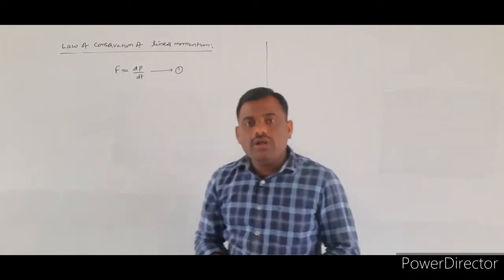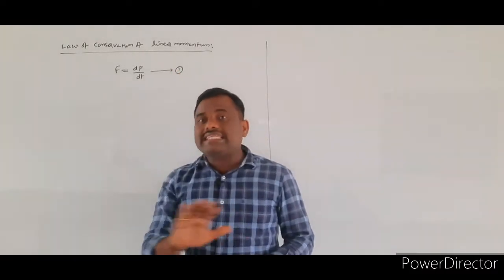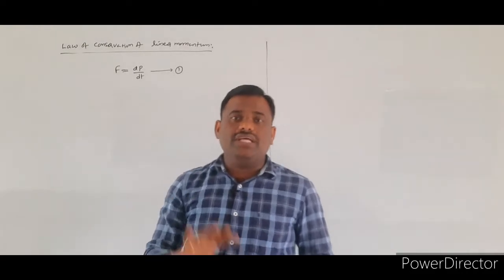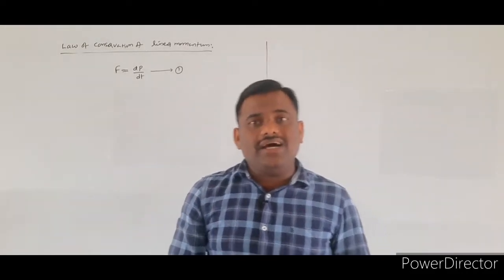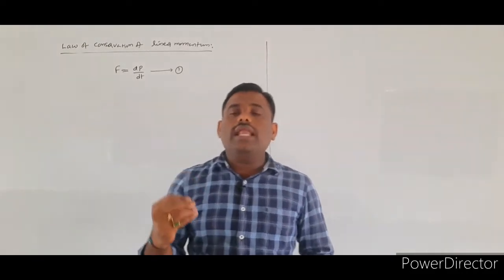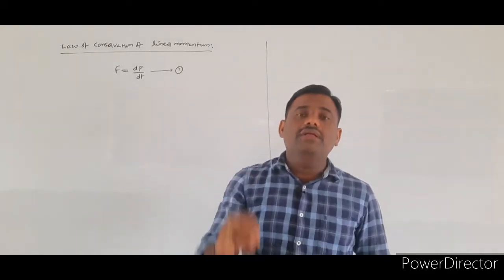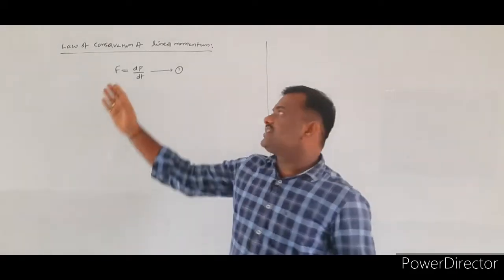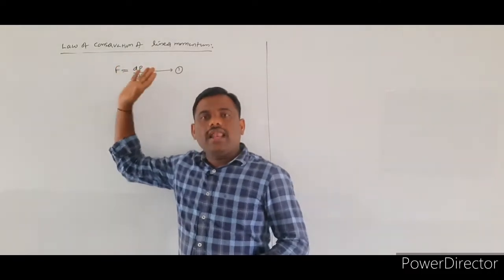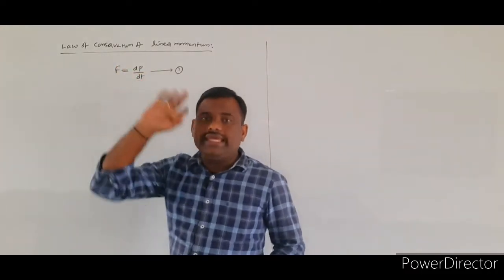So whenever there are no external forces acting on the system, the total linear momentum of the given system will be constant. Such a law we call the law of conservation of linear momentum.